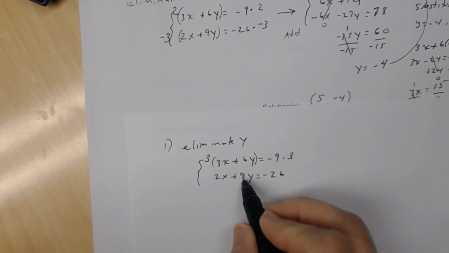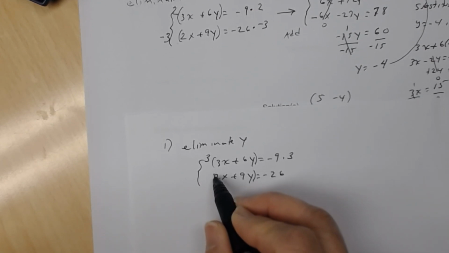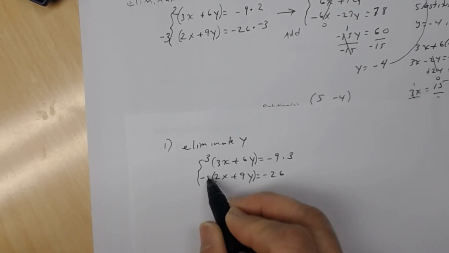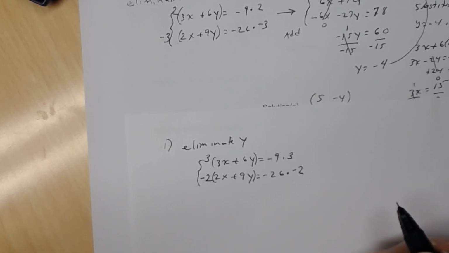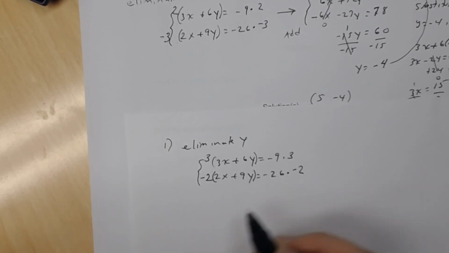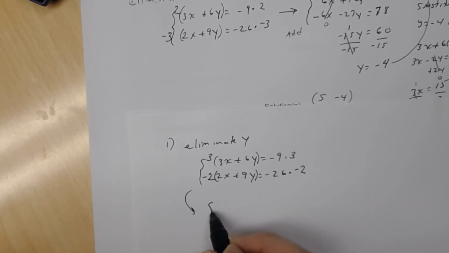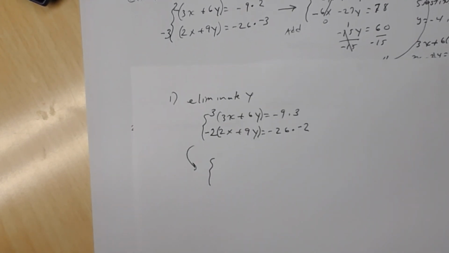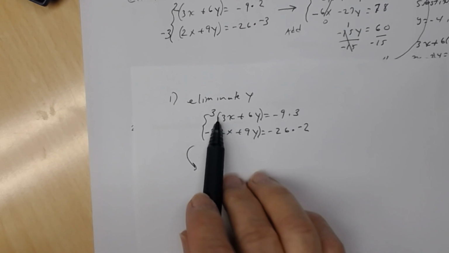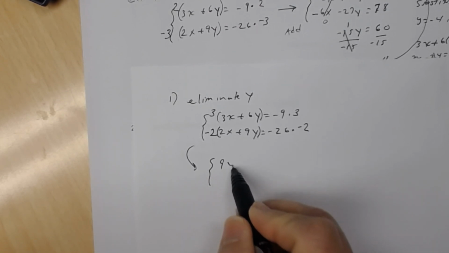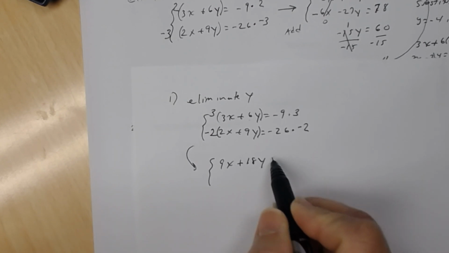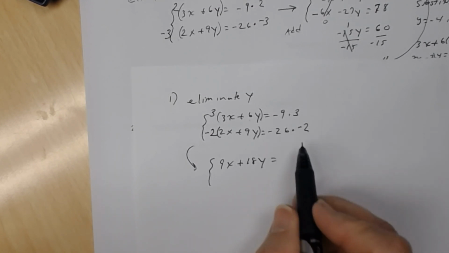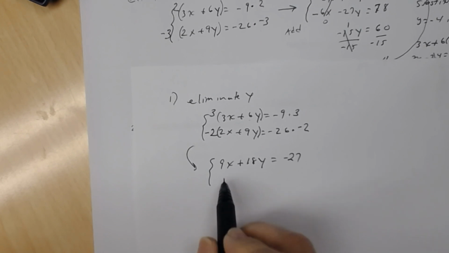If I want this to be negative 18, then I've got to multiply this side by negative 2 and this side by negative 2. And so then I would get a system that looks like this. So distributing, 3 times 3x is 9x, 3 times 6y is 18y, equal, and the negative 9 times 3 is a negative 27.